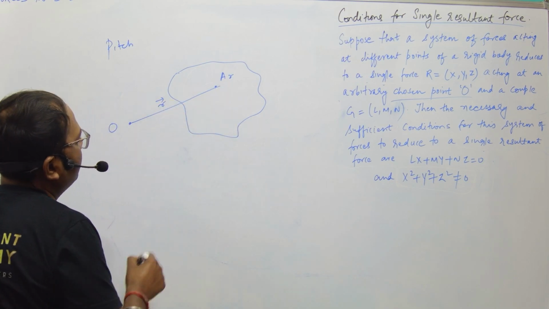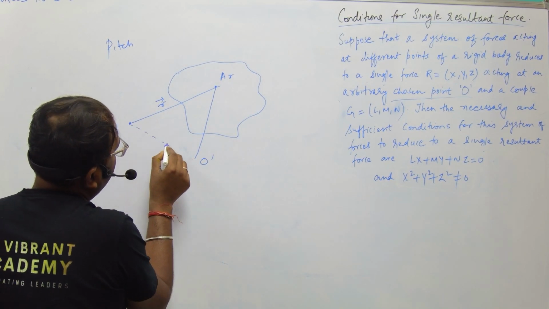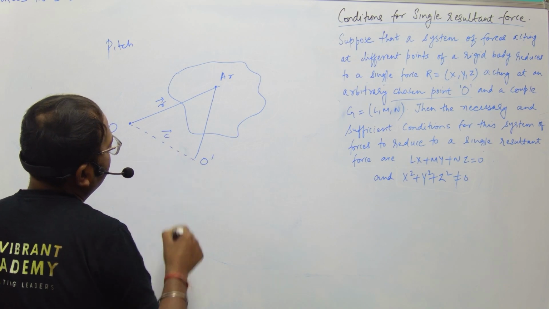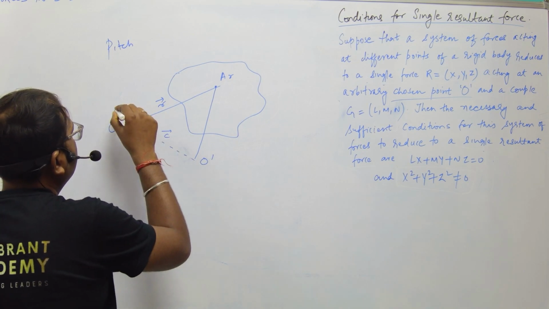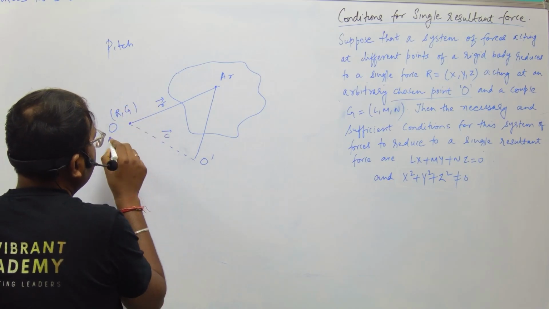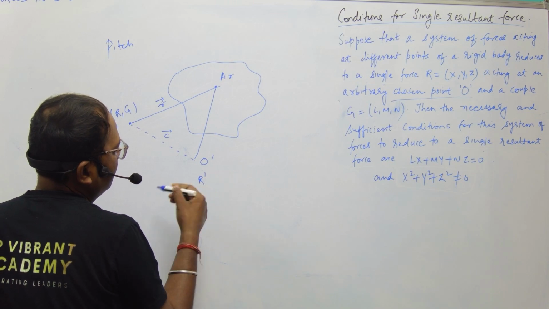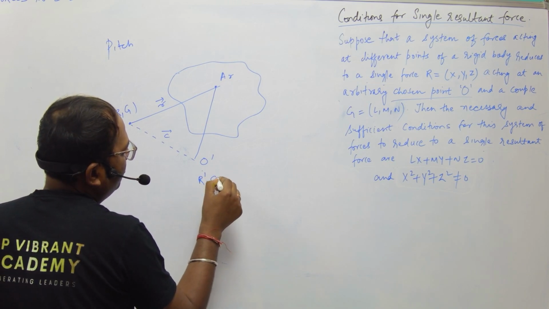Now we have changed the base point from O to O dash, and we have taken the O dash vector as C vector. At point O, let us consider the resultant as R and couple of moment as G. After changing the base point to O dash, we have the resultant as R dash and couple of moment as G dash.